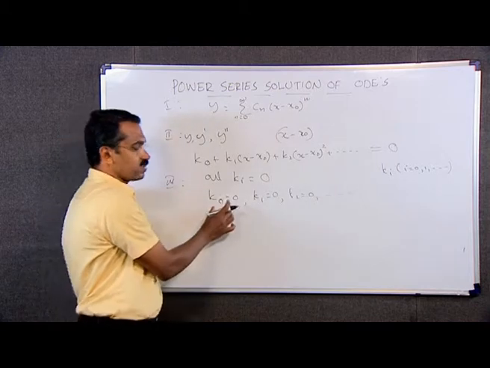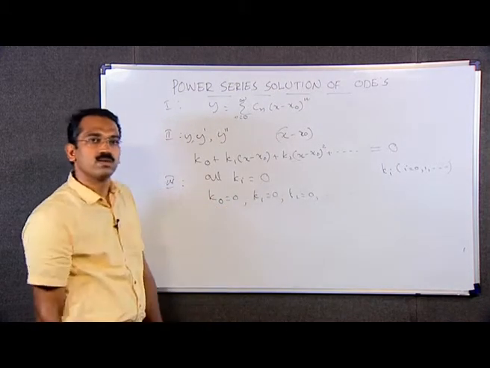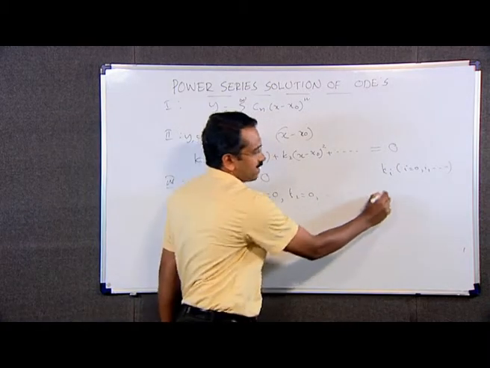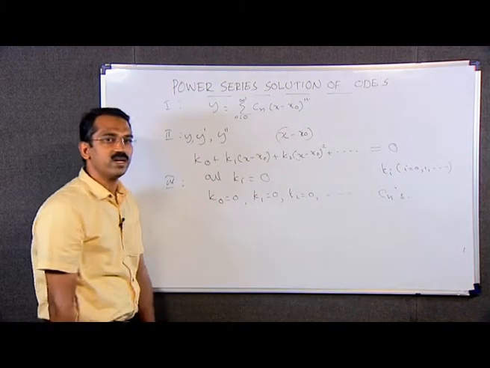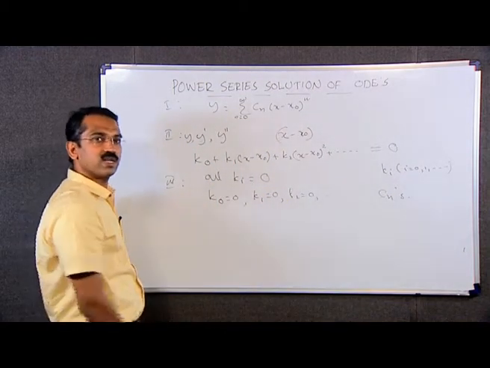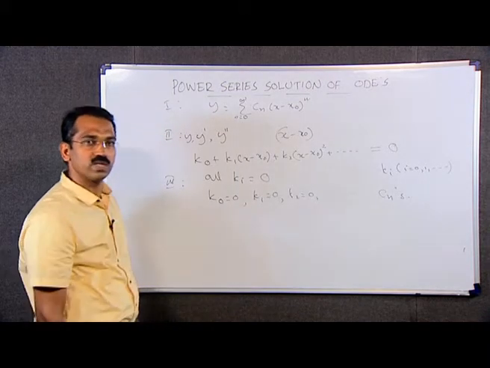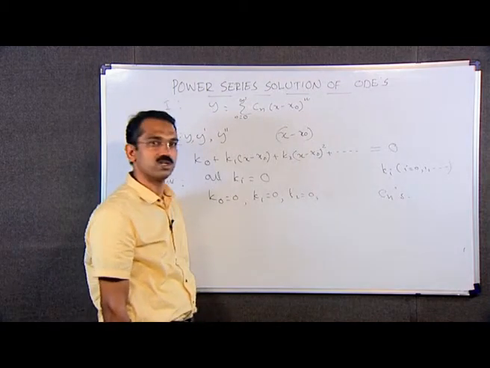Then we solve these equations to obtain the unknown coefficients cn's. Generally, this leads to a recurrence relation between cn's, which helps to determine unknown coefficients in terms of the other known coefficients.